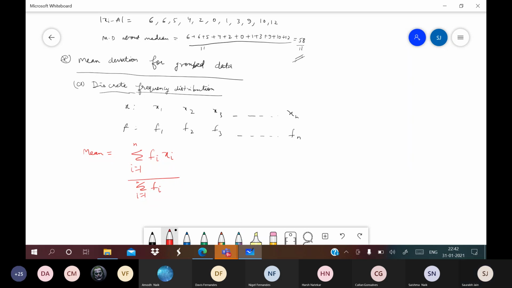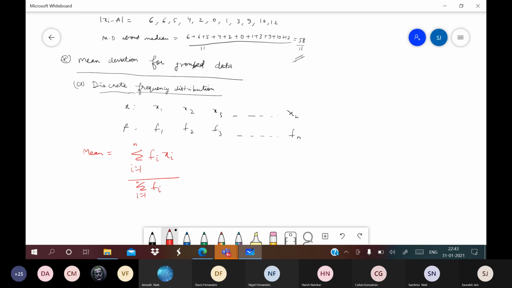What about median? How will you find median in this case when a discrete frequency distribution is given? Yes, anyone?